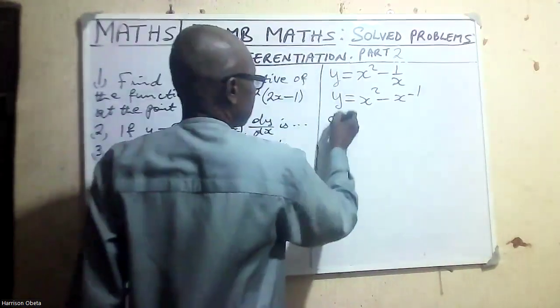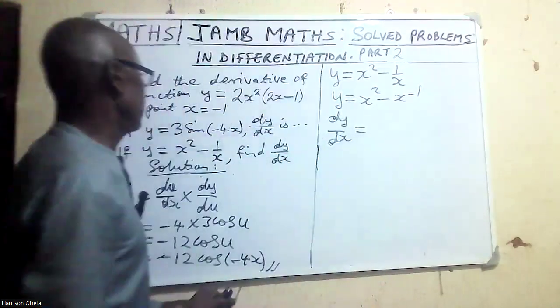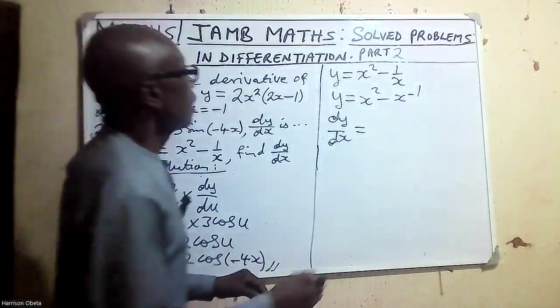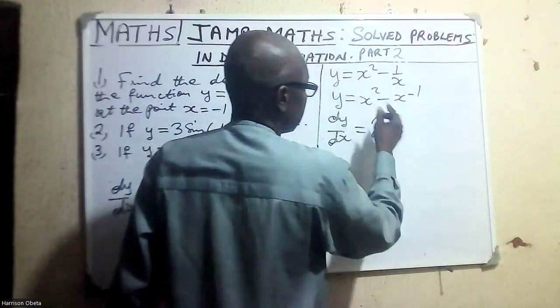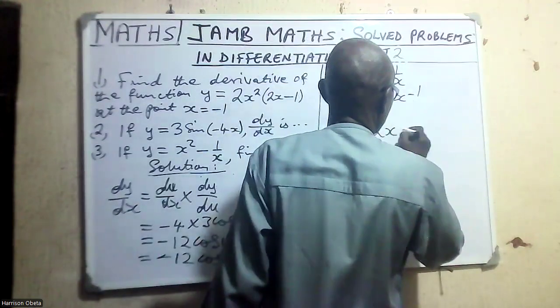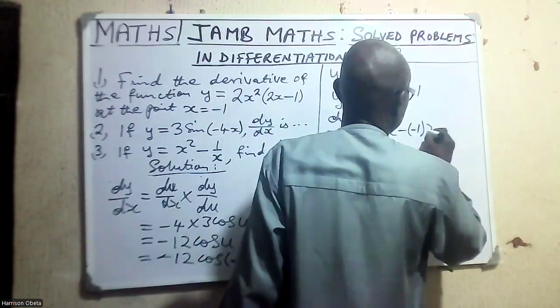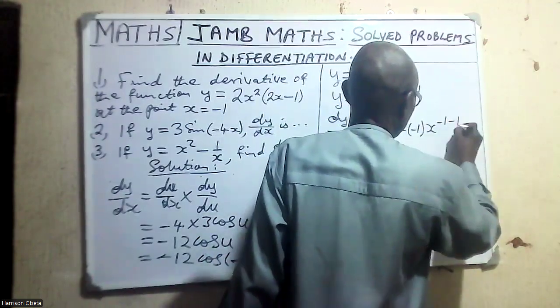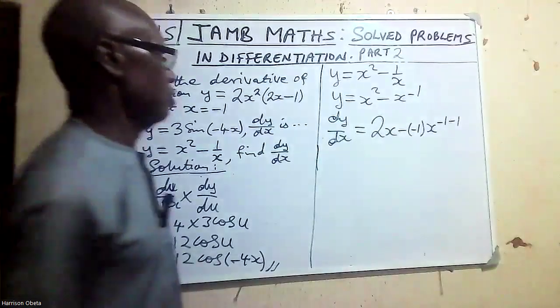Now, the dy over dx should be, differentiate. That will give us 2x. Then this one will come and minus bracket minus 1, x raised by minus 1 minus 1, following the rules of differentiation.